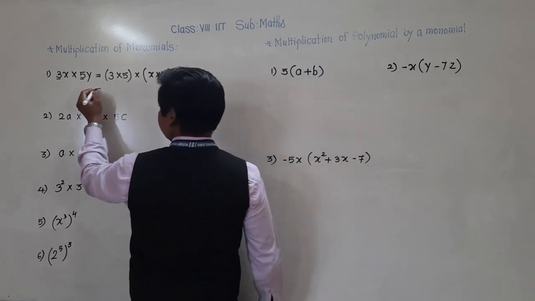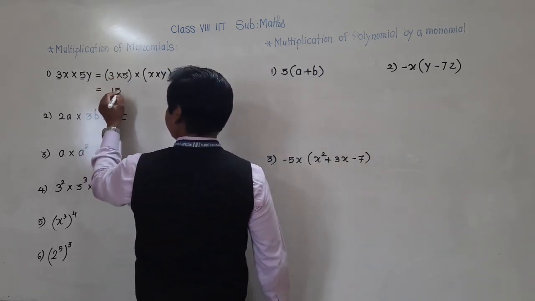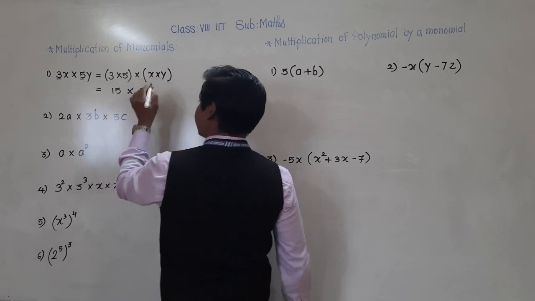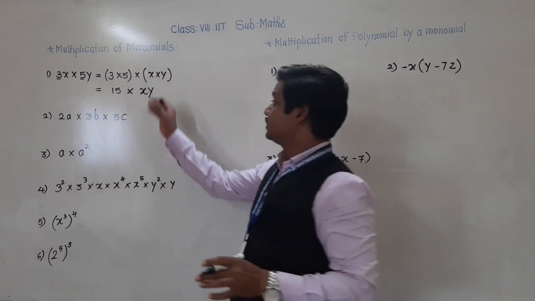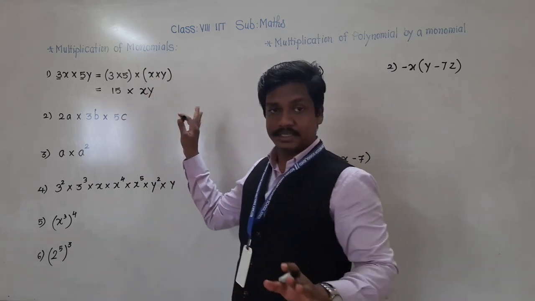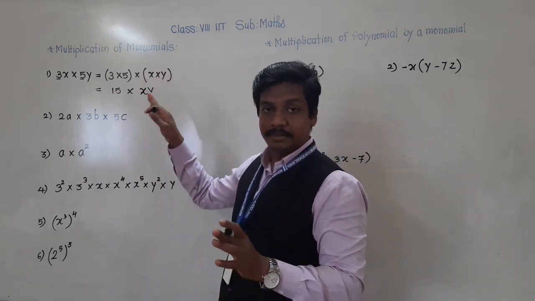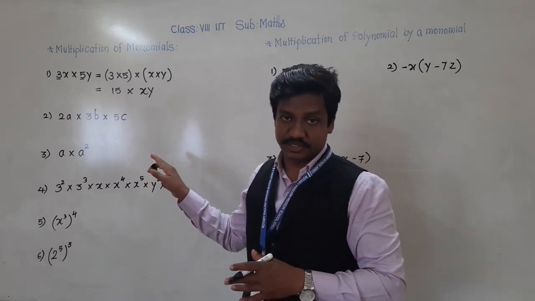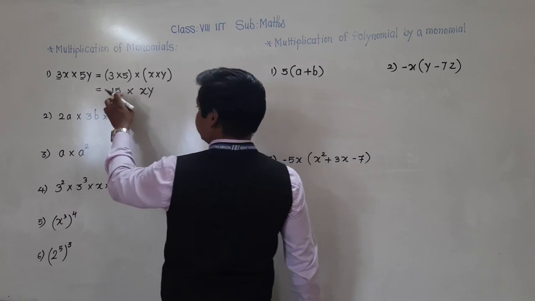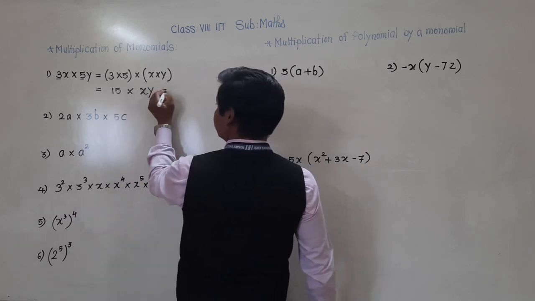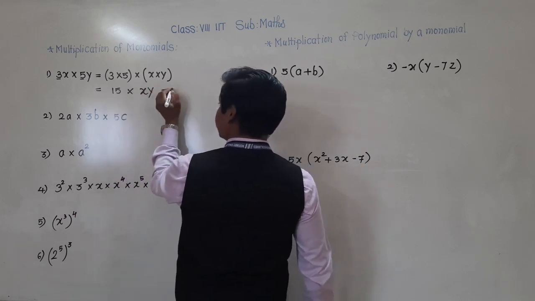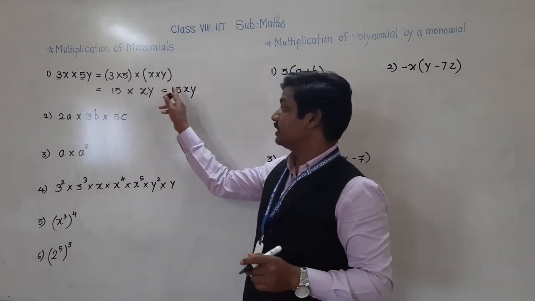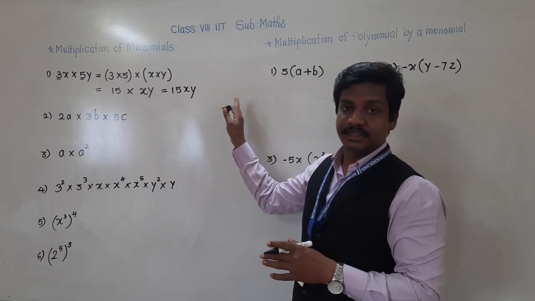Let us multiply. 3 fives are 15 multiplied by x into y. x into y becomes xy. Just the multiplication sign between them disappears, xy. And remember, when xy is written, between them there is a multiplication sign. So now 15 multiplied by xy is equal to 15xy.